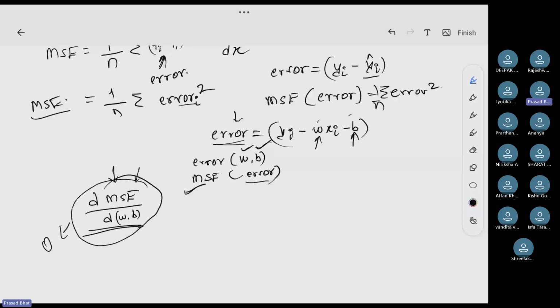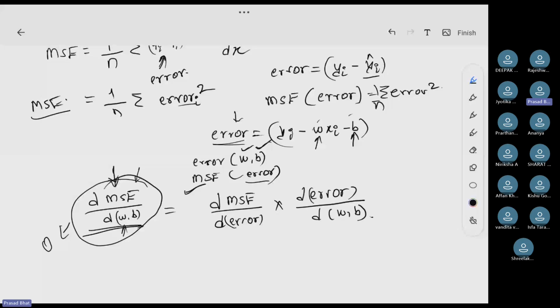Don't worry. Let's go step by step. Just note that we need to find out the change in MSE with respect to the changes in w and b. That is all. Now, how do I do this? Using the chain rule, I can write d MSE with respect to d error into d error with respect to d w comma b.